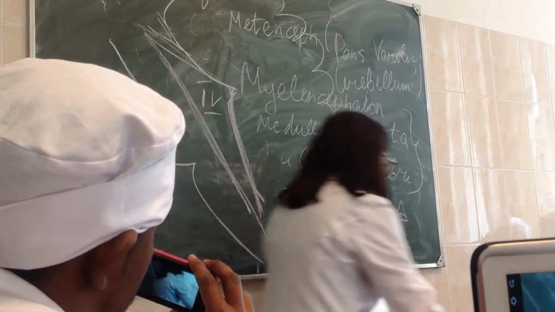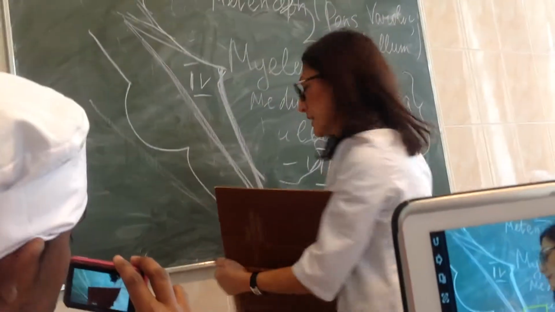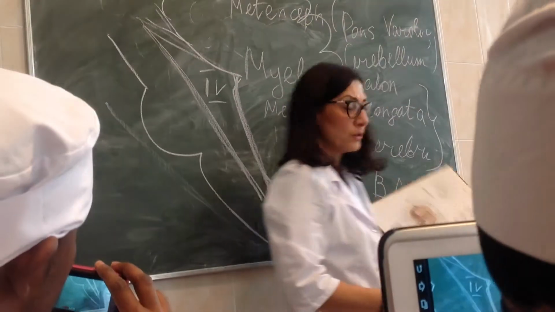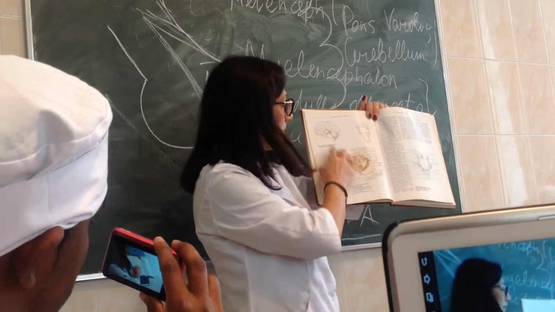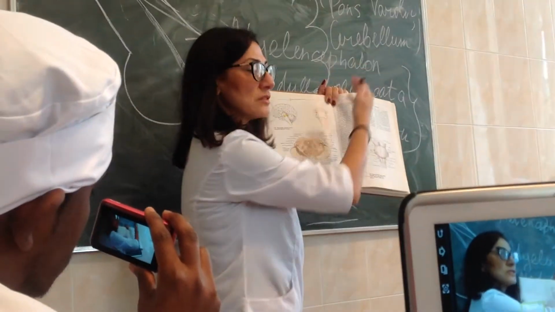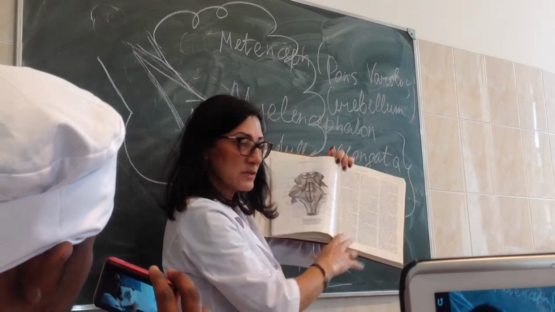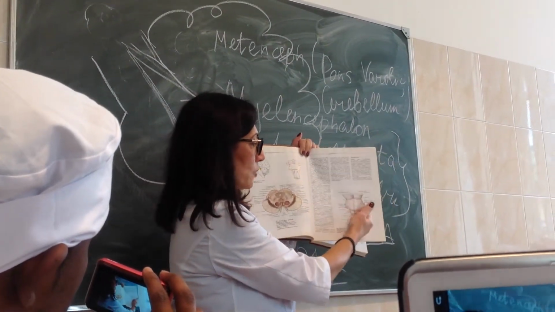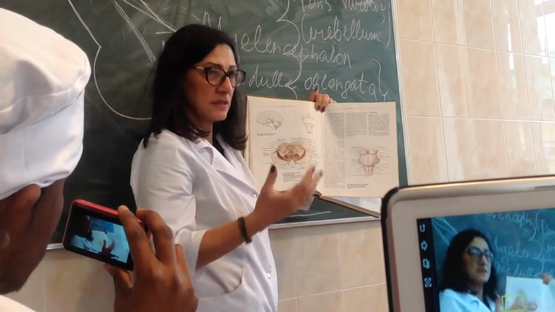The clivus. The brainstem lies on the clivus of the occipital and sphenoid bone, obliquely. This is the ventral part and this is the dorsal part of the pons. And what pairs of cranial nerves, from 5 to 8, arise from the pons? That is the external structure.